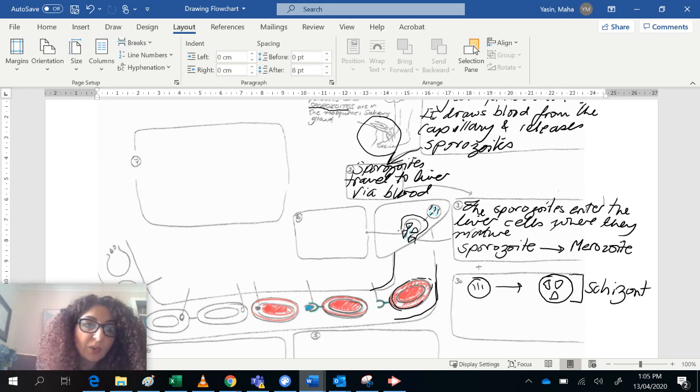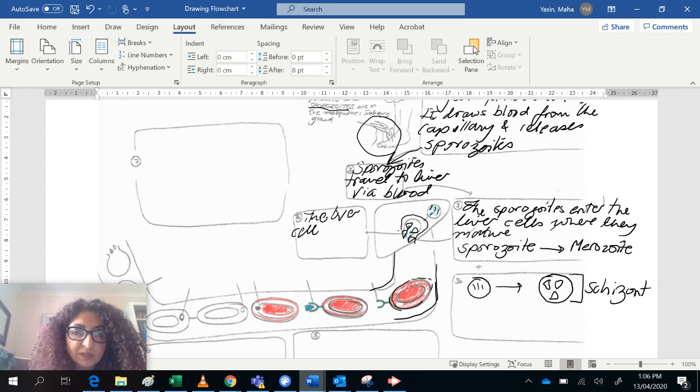So here, what we want to say for number 4 is that the liver cell burst, or you can say the schizont if you want, the liver cell. So the liver cell bursts, releasing the merozoites.